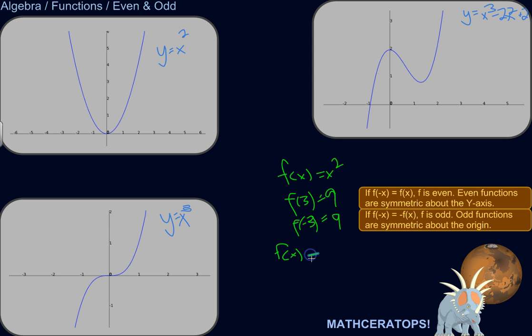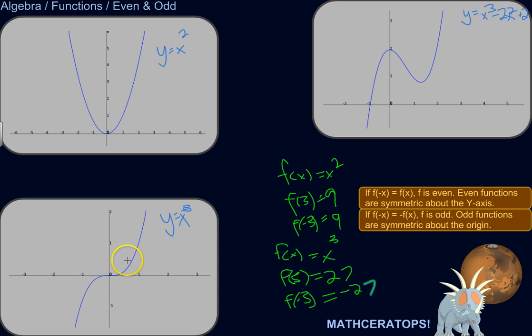If f of x is equal to x cubed, I'll do f of 3. f of 3 is 27, and f of negative 3: negative 3 times negative 3 is 9, but then 9 times negative 3 is negative 27. So f of negative x is negative what you get for f of positive x. So this would be an odd function.